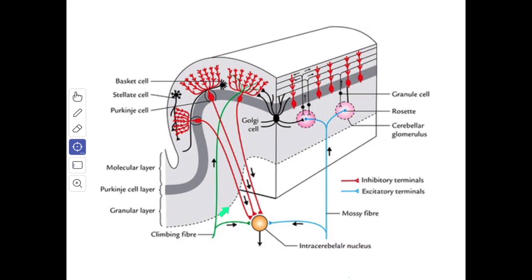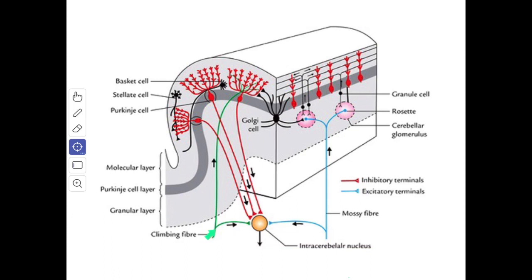The climbing fibers synapse directly with a single Purkinje cell, whereas the mossy fibers synapse with thousands of Purkinje cells through the granule cells. So one mossy fiber synapses with several granule cells, then each granule cell synapses with thousands of Purkinje cells through parallel fibers.